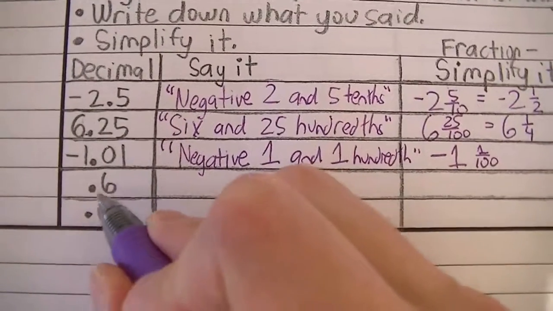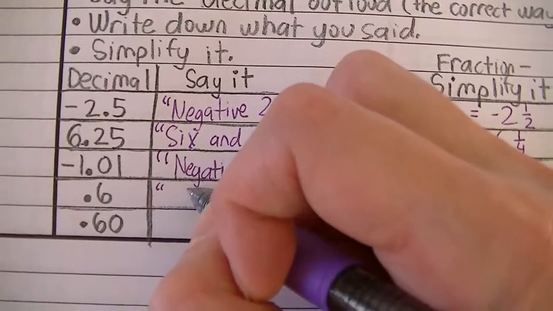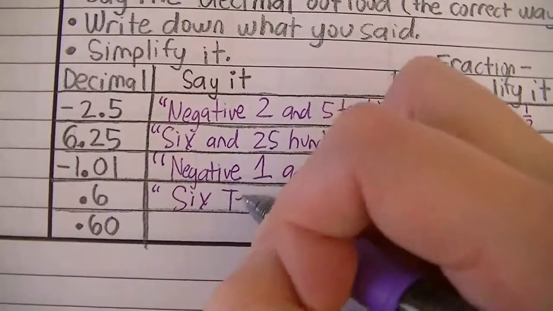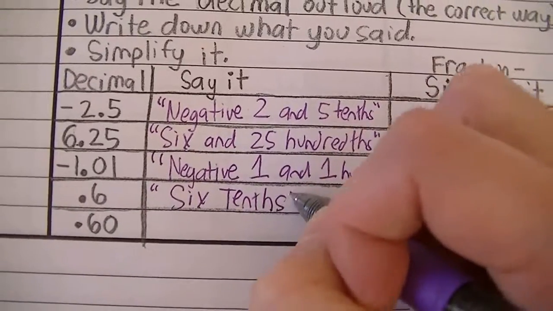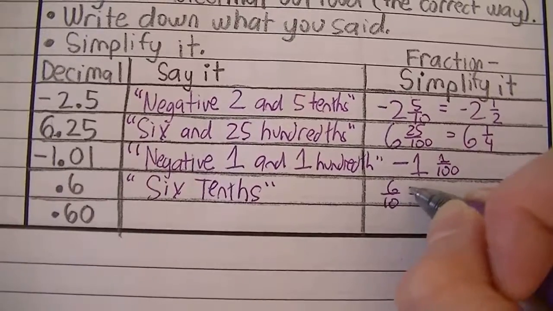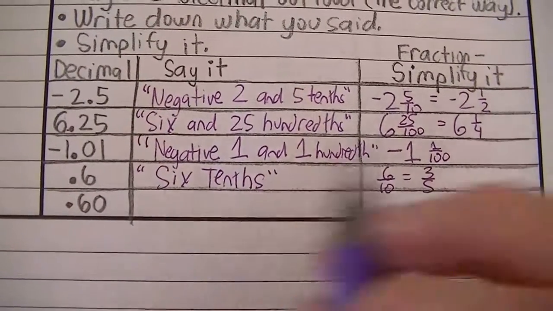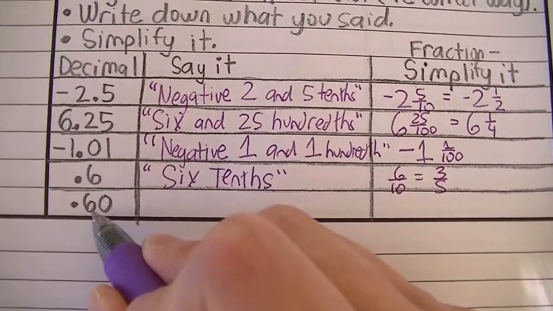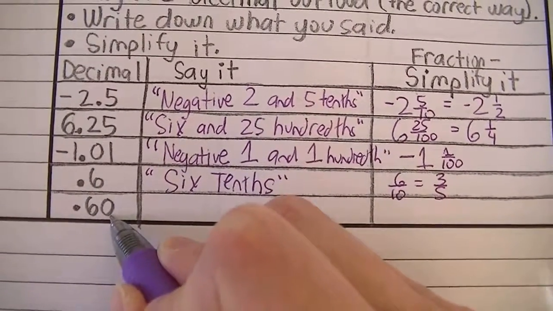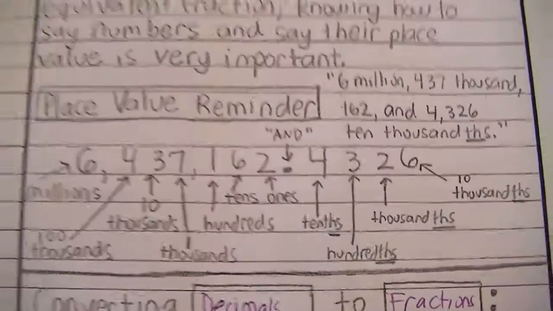Right here, don't say 0.6 because you won't be able to write it as a fraction. You need to say 6/10. Simplify it. Divide by 2, divide by 2. And you get 3/5. Right here, say it correctly. 60 hundredths. Remember, it's the hundredths place.